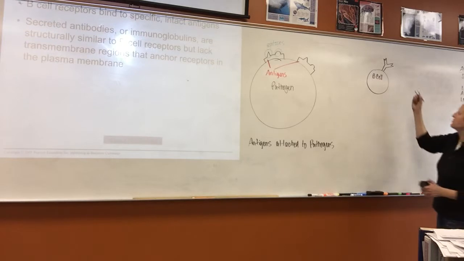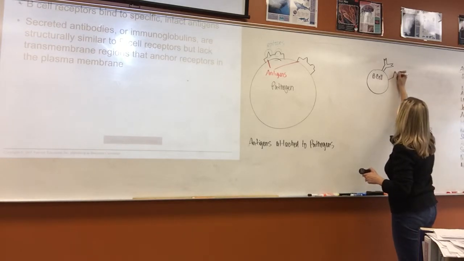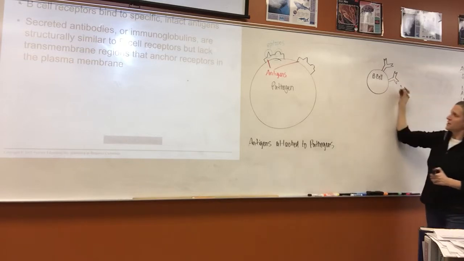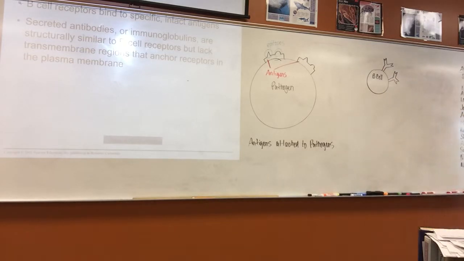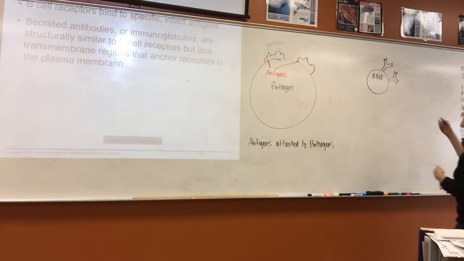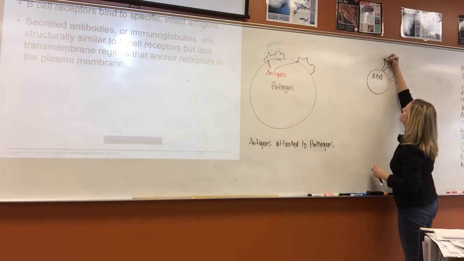I'm definitely not going to draw 100,000 of them, but I will draw 2. So they have a whole bunch of these. But the key is all the antigen receptors look exactly the same. And the thing that is important about these antigen receptors on these B cells is this part here.